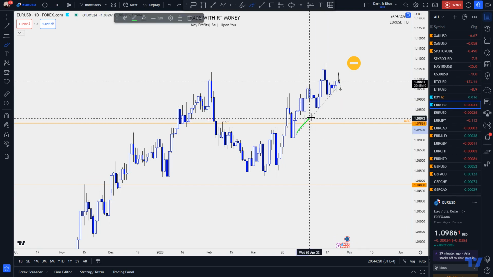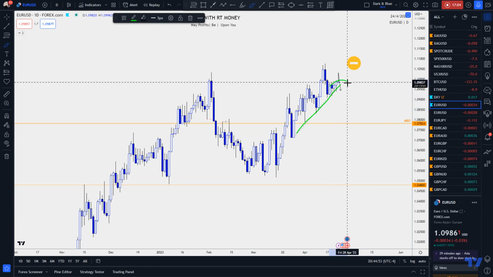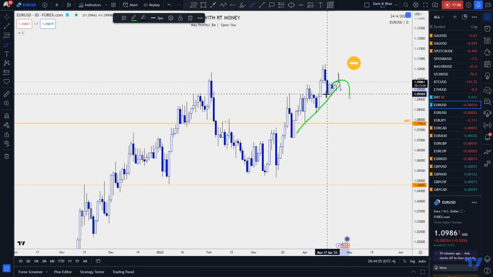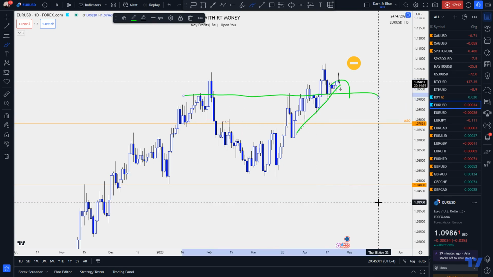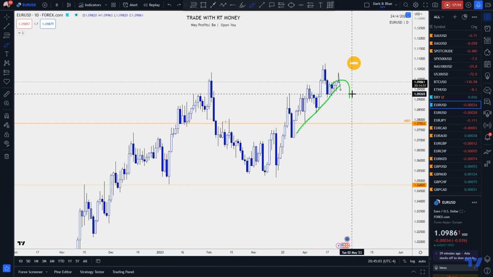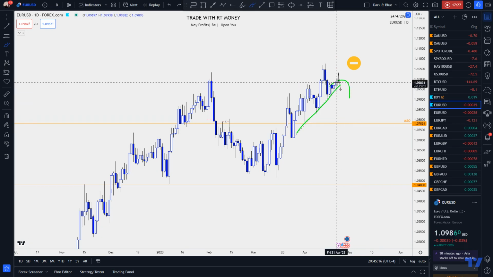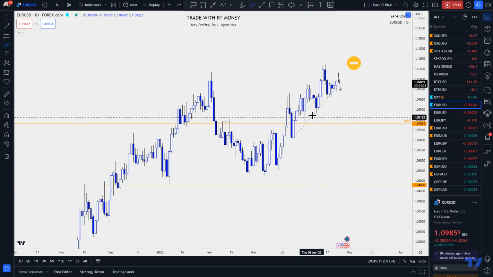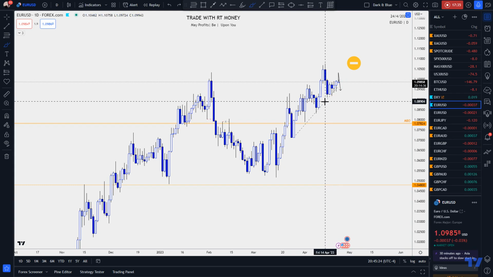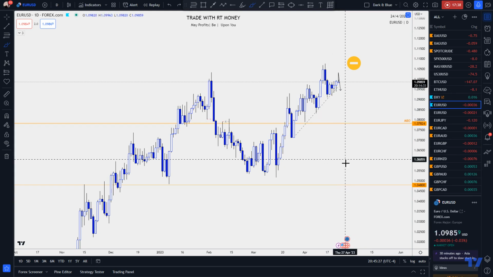So I'm looking for price to possibly start turning around here. I'm looking for a close below that level. Let me see if I can get this level right there. Yeah, right around 1.0921. These lows here, we get a closure below these lows, below that upward trend line, a convincing close, then we can start shorting the euro.